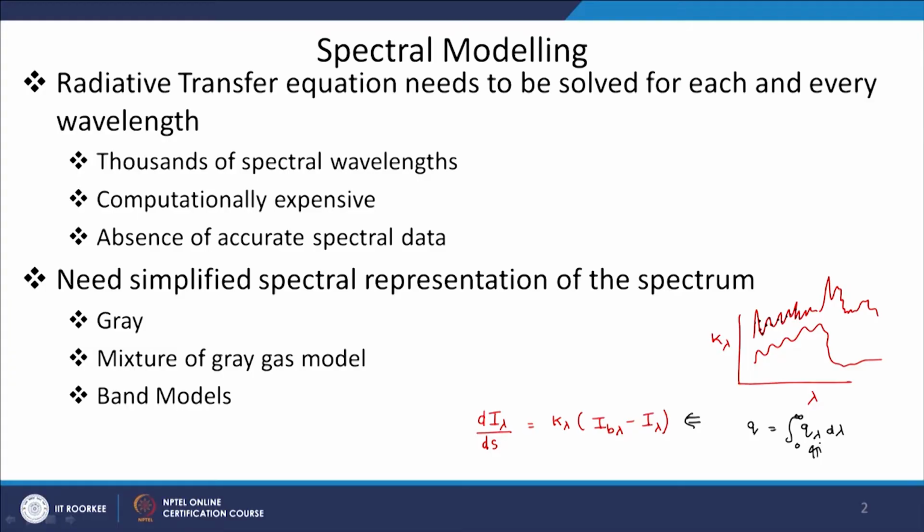So, there are models based on gray calculations. The gray calculation is a very conservative approach. We have the mixture of gray gases model, where we have more than one gray gas, and then we have band models. In this lecture we will focus our attention on band models, especially the narrow band models.